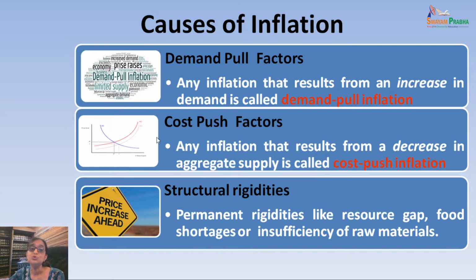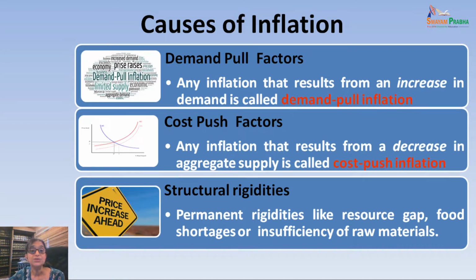Now here, cost push inflation, which has resulted from aggregate supply, has gained ground particularly after the 1950s. Before that, it was considered that inflation is essentially due to demand-driven factors. It was in the 1950s that it was realized that it is the supply side also which is causing inflation.